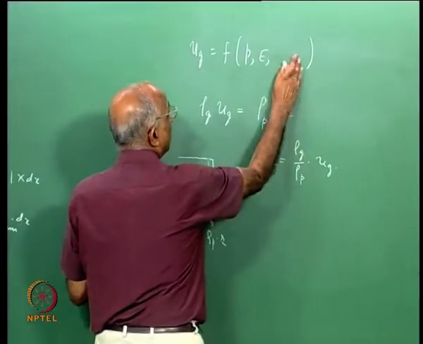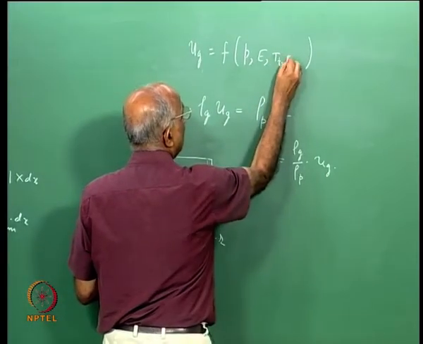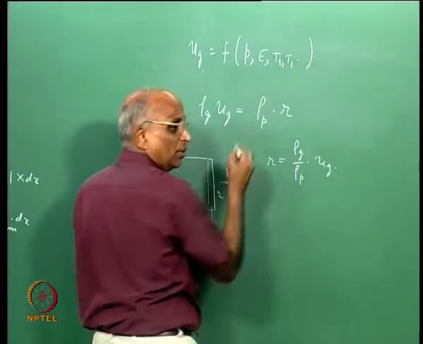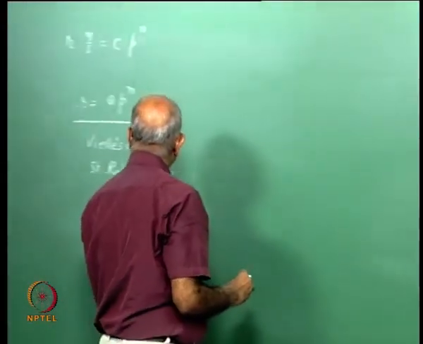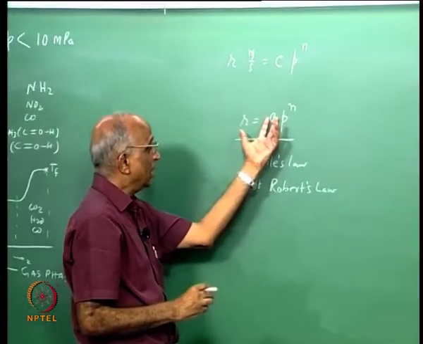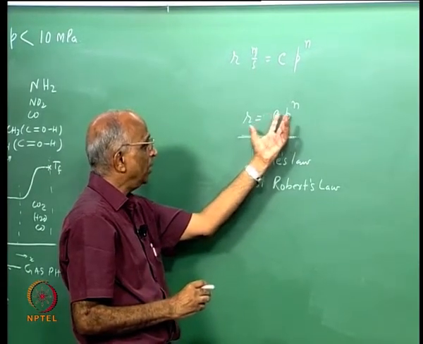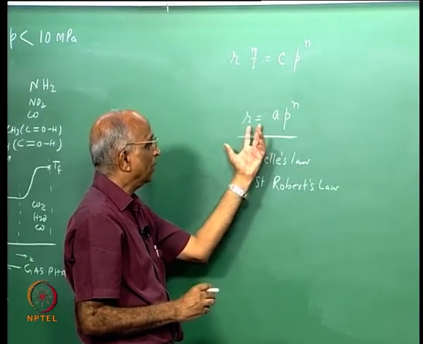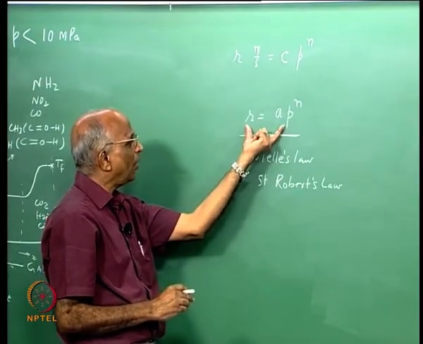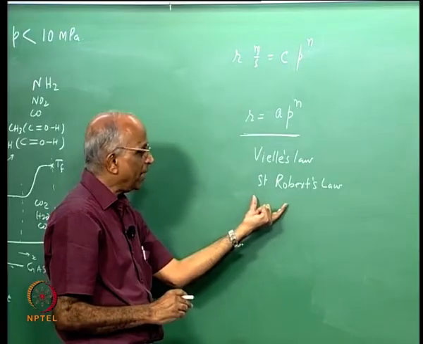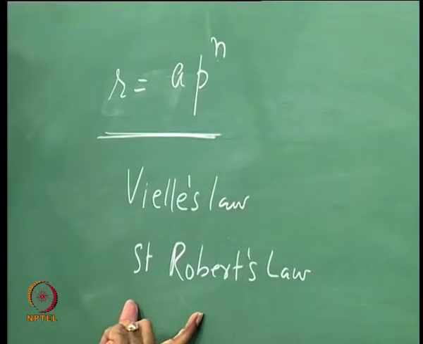Ug is going to be a function of the initial temperature, maybe the temperature T1 and so on. These are all important things. Therefore, I put all the effects other than pressure into this A factor, the pre-exponent, and I have the burn rate law giving r equals a P^n. It becomes much easier to use a law like this rather than keep trying to solve this equation, which is a little bit more difficult.